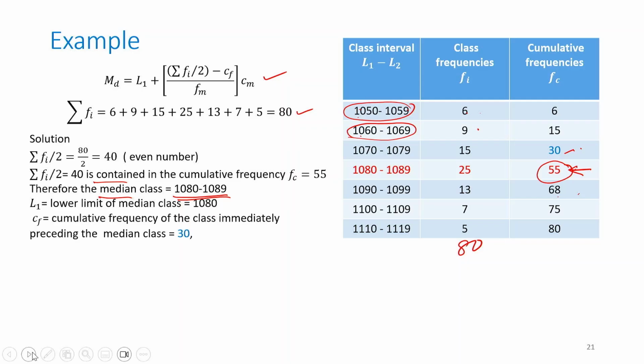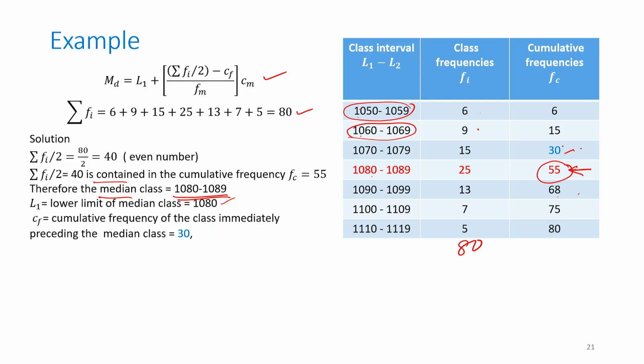So in this equation, what is L1? L1 is the lower limit of the median class. What is the lower limit of the median class? 1080. So L1 is equal to 1080. Then what is the cumulative frequency of the class immediately preceding the median class? That is what CF is.